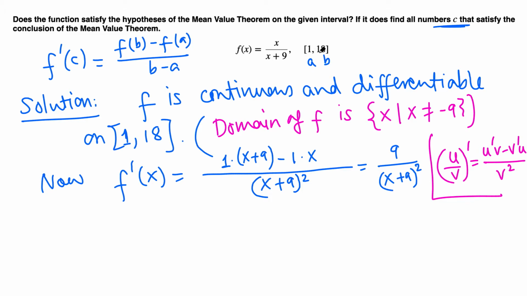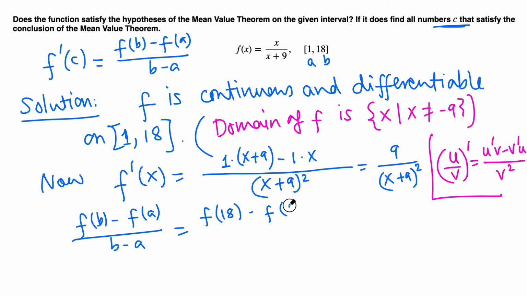That's the slope of the tangent line. Now, joining a and b, we need to determine the slope of the secant line. So f of b minus f of a all over b minus a is f at 18 minus f at 1 all over 18 minus 1.